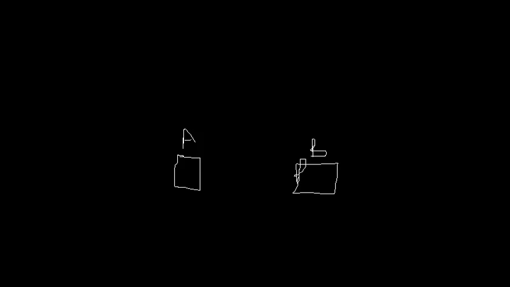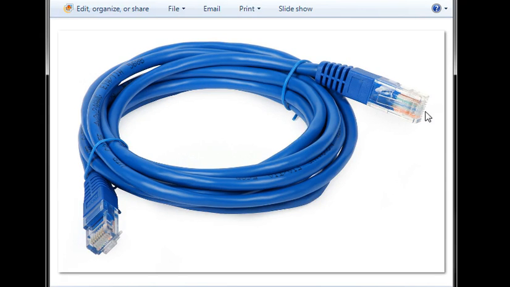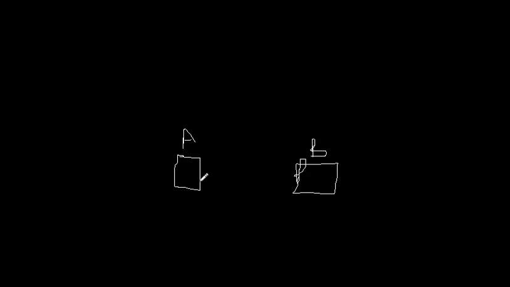So we have an Ethernet cable that will help us connect those computers together using their Ethernet ports, which are found on the network interface card. We use this cable here to connect those two computers. When it is two computers, it becomes easier.